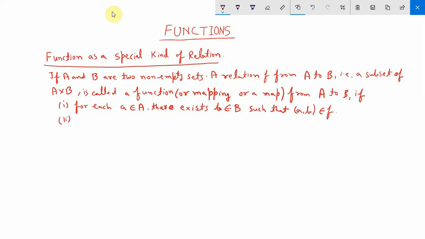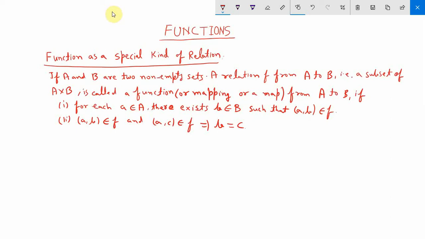Second condition: (a, b) is an element of F and (a, c) is an element of F implies b must be equal to c.